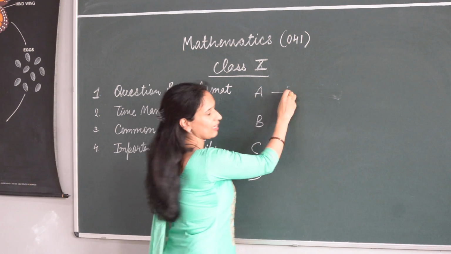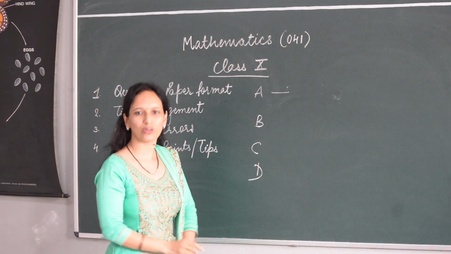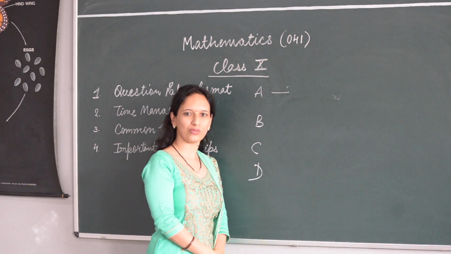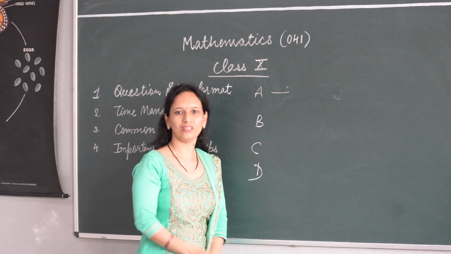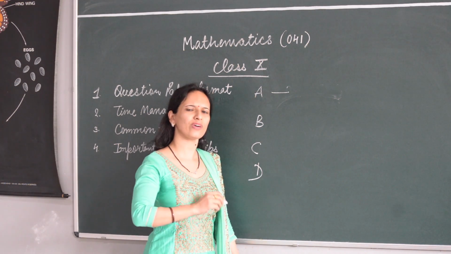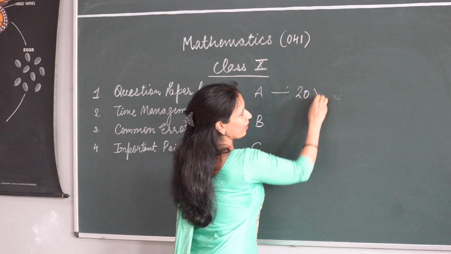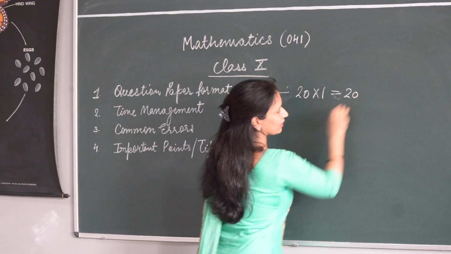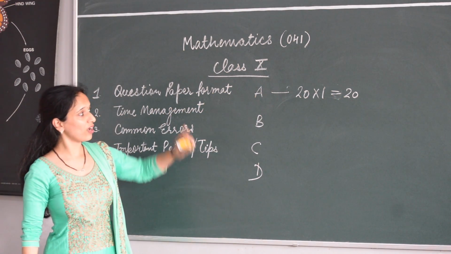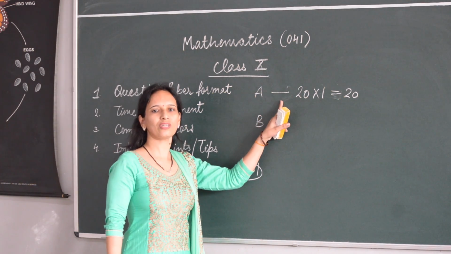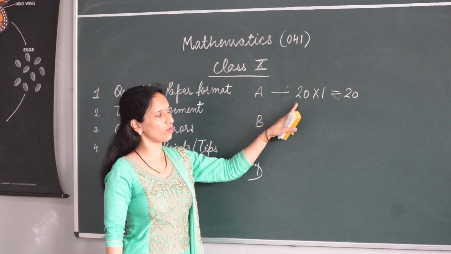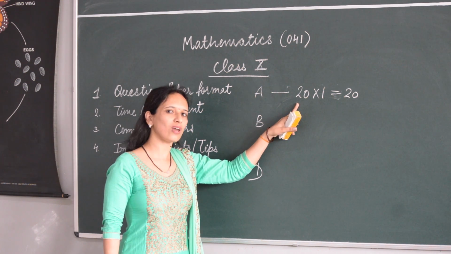In section A, you are getting 21 marker questions, which include 10 MCQs, 5 fill-ups and 5 very short answer questions. These 21 questions make 20 marks. For this portion, you should not give more time because they are very small answer questions.